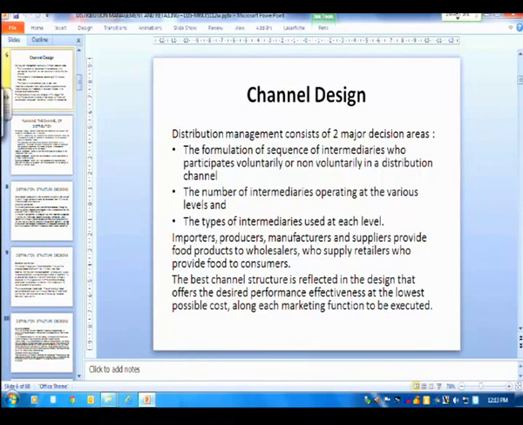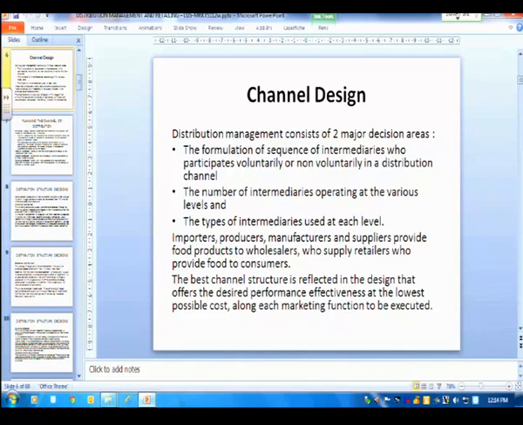Channel design. Distribution management consists of two major decision areas: the formulation of the sequence of intermediaries who participate voluntarily or non-voluntarily in a distribution channel, then the number of intermediaries operating at the various levels, and lastly, the types of intermediaries used at each level.